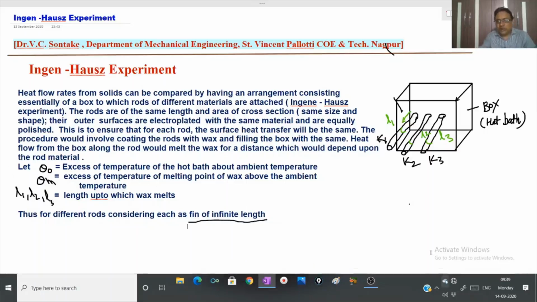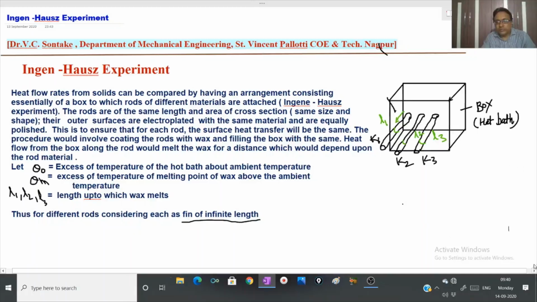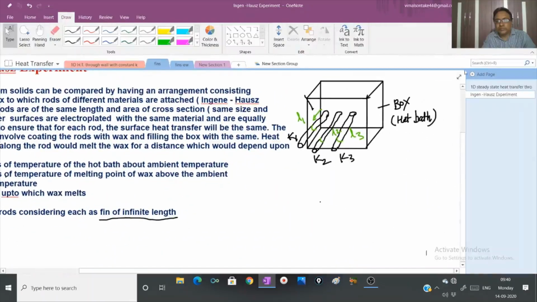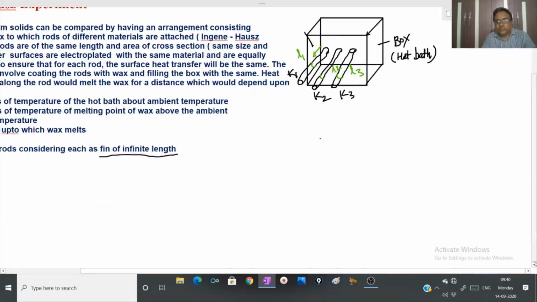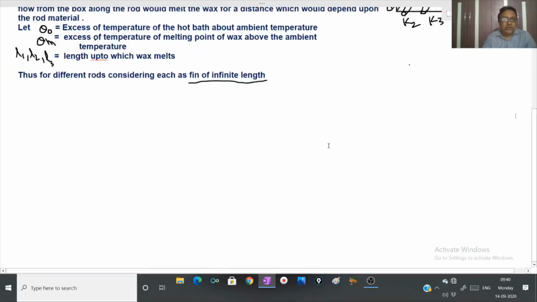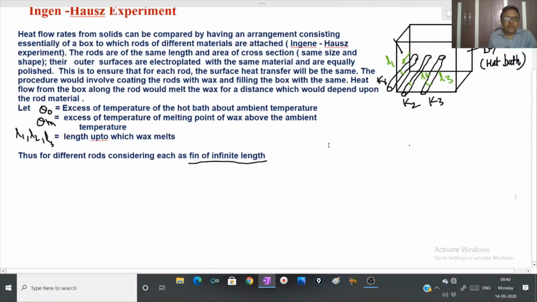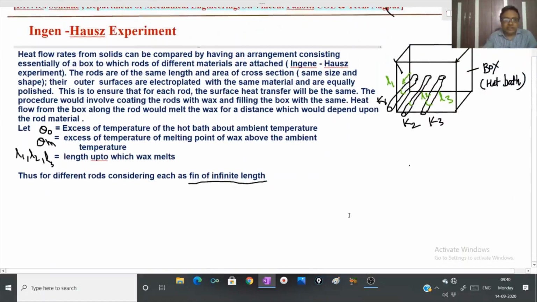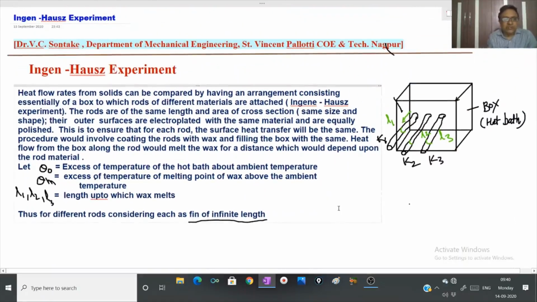So basically, we are using the theory of heat transfer from extended surfaces to find out the thermal conductivity of a particular material.